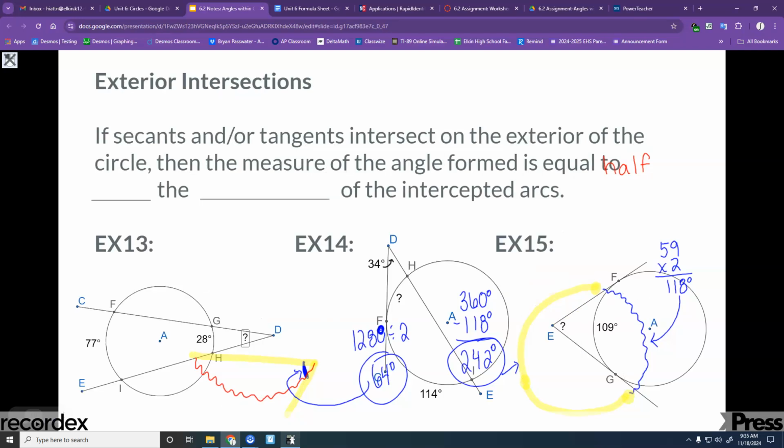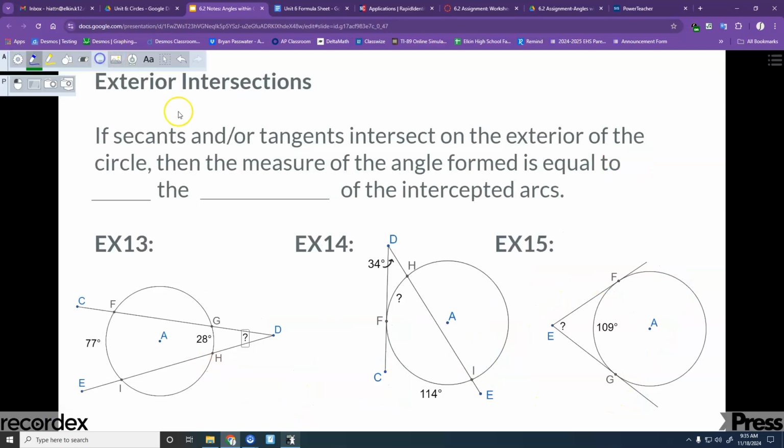All right. Okay, this is our last one. Exterior intersections. If secants and or tangents intersect on the exterior of the circle, then the measure of the angle formed is equal to half the difference of the intercepted arcs.